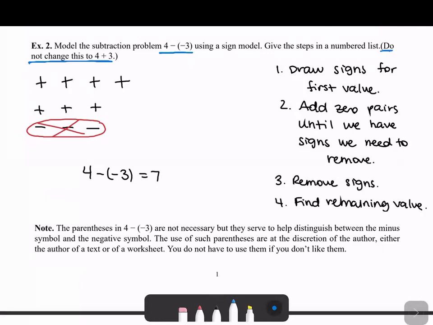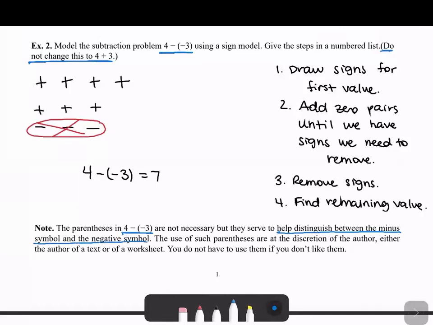Okay, so I just have one little note here that's saying that the parentheses in 4 minus negative 3 aren't necessary. We don't have to have these here. They're only necessary when you have to do one operation before another, remember, in our order of operations. But they're not necessary. They just help distinguish between the minus symbol and the negative symbol.